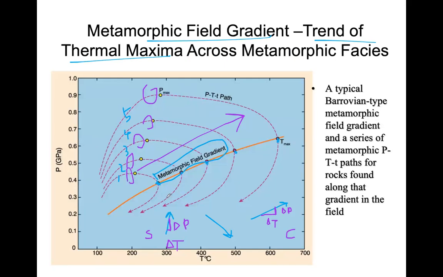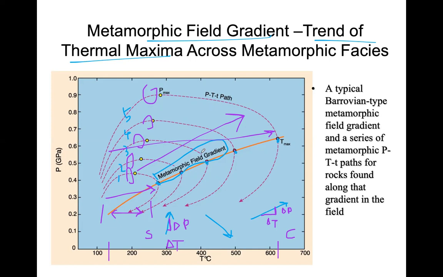And also you see for this rock to reach the peak temperature and for the last rock to reach the peak temperature is very different, right? For example, from very low temperature, it has reached very high temperature conditions. But the first rock, from very low temperature, has reached only a little bit of increase of temperature. So definitely this temperature difference is there, this pressure difference is there, and the time taken to reach that temperature should also be different.